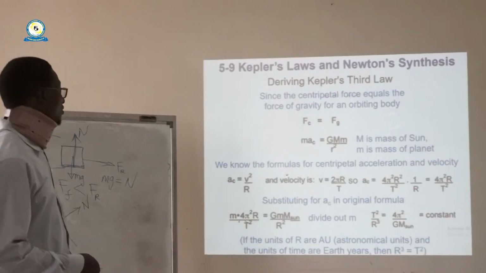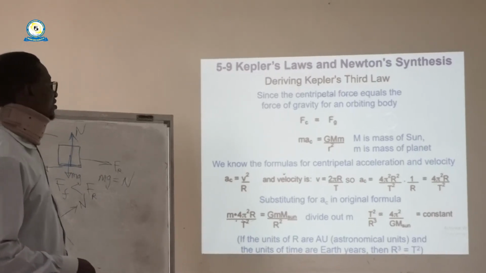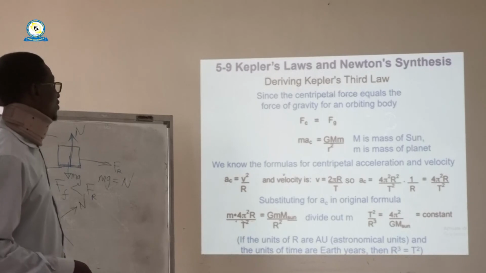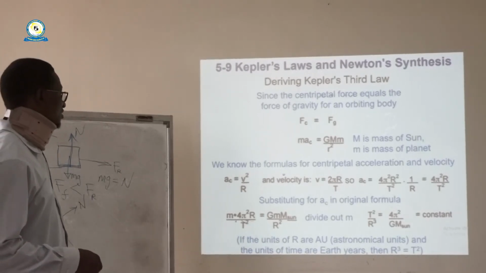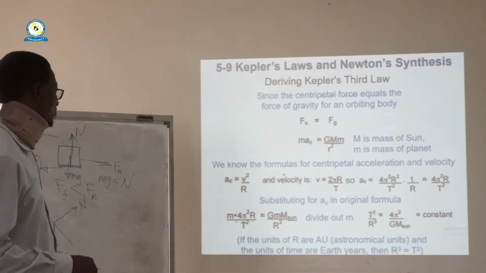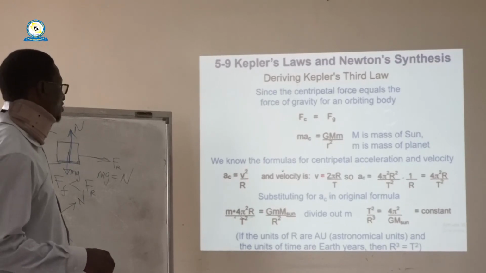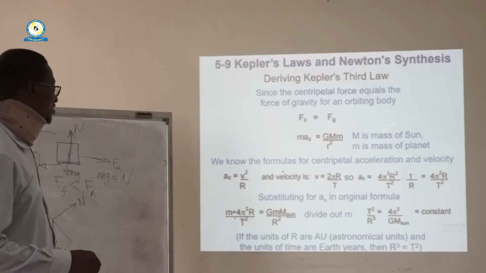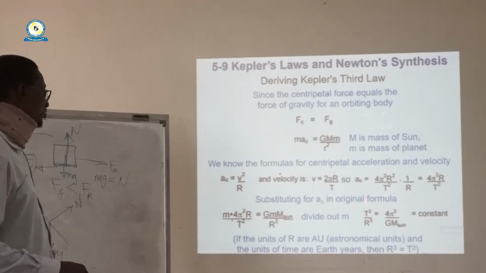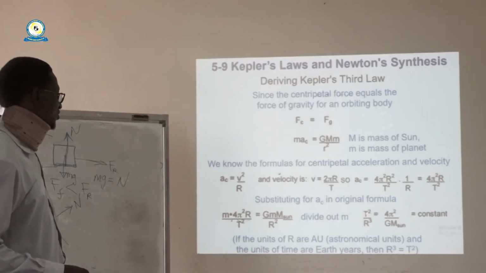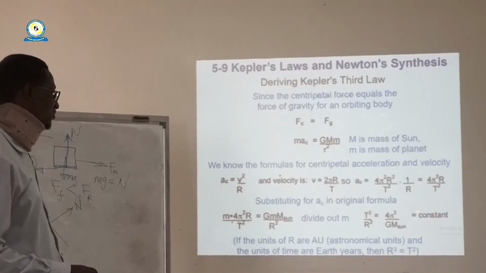Deriving Kepler's third law: since the centripetal force equals the force of gravity for an orbiting object, this one we saw before. You substitute in these formulas, then you can get what you want. The period you can get there, and the period divided out. If you follow this, you can get everything here.